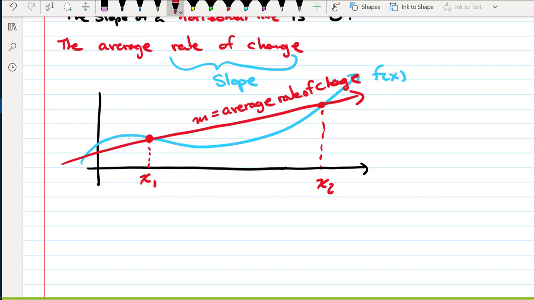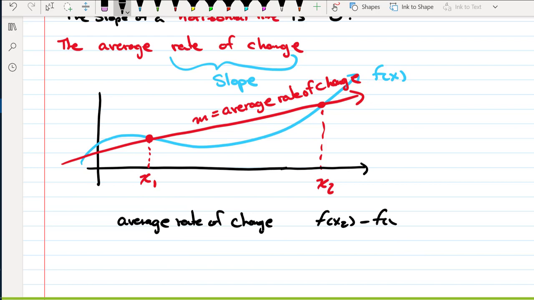So in terms of our formula then, for average rate of change, we would have our slope formula, which is f of x2 minus f of x1 all over x2 minus x1.